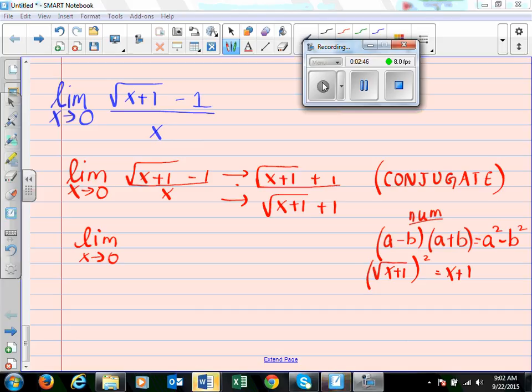So this step is going to be square root of x plus 1, a squared minus b squared, divided by x times square root of x plus 1 plus 1. So this is one term, and there's that other one.